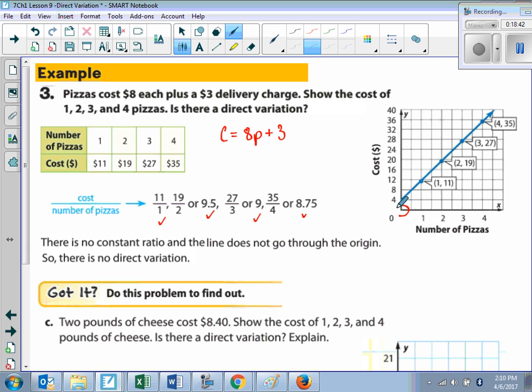It does not go through the origin. It is a straight line, but it does not go through the origin. So there is no direct variation. Does everybody understand? Before, in our previous lessons, we would say it's not proportional. Do you see that? So if it's not proportional, it does not have direct variation.